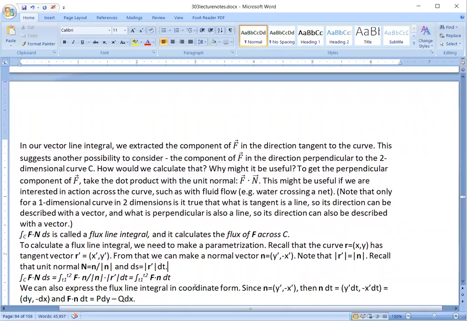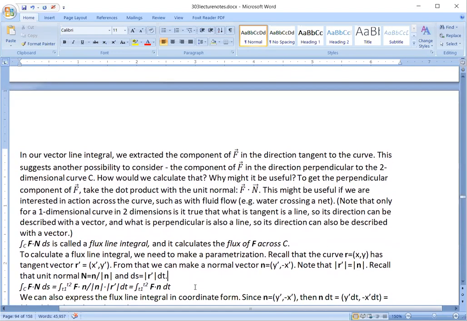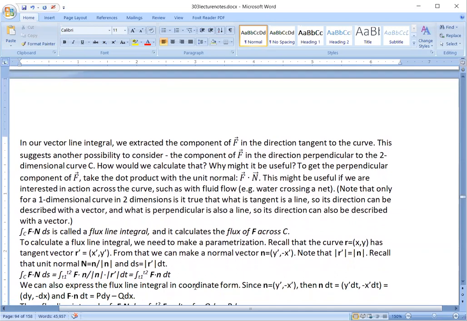So this is written in parametric form. What if we want to write this out in coordinate form? Well, let's take a look. Since the normal vector, not the unit normal, is y prime, comma, negative x prime, then the normal vector dt would just be y prime dt, comma, negative x prime dt. But what is y prime times dt?